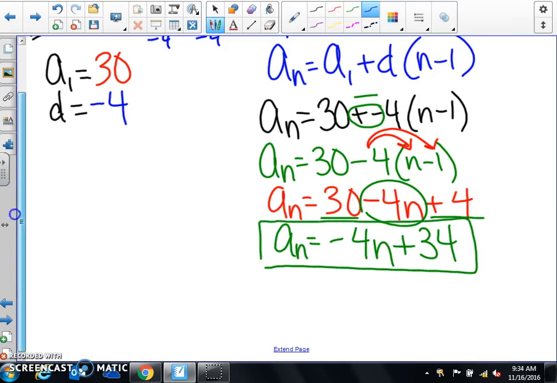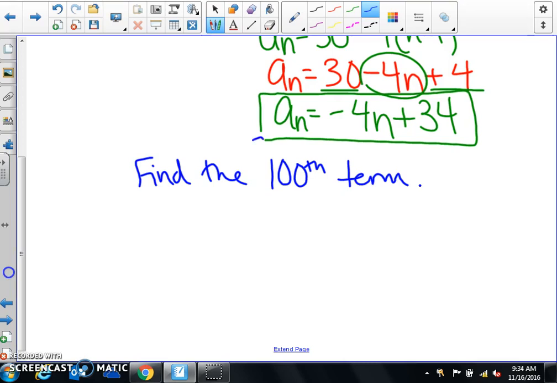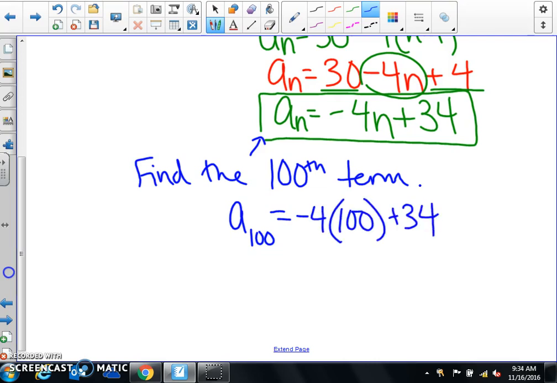And this time, why don't we find the 100th term? Why not? So we would take our equation, which is up here. A sub 100 equals negative 4 times 100 plus 34.